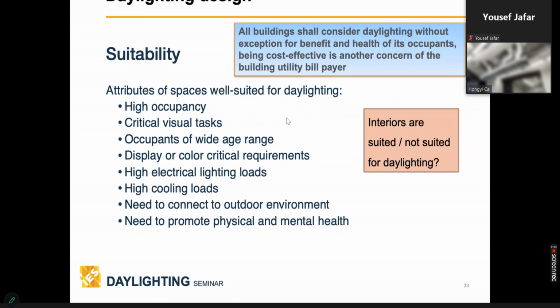You learn how to do drafting right here. If you do those kinds of visual tasks, you prefer to have daylight available in your space because daylight can do the most critical jobs, like color rendering, showing the details. Artificial light sources are limited. Okay. Another attribute will be occupants of a wide age range.